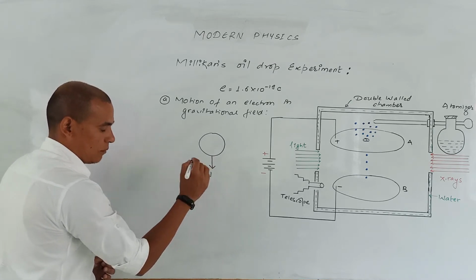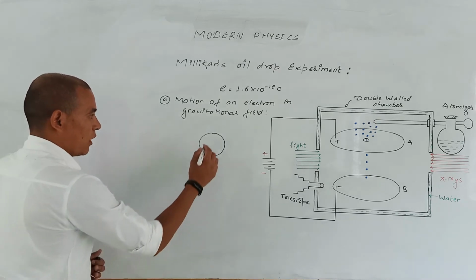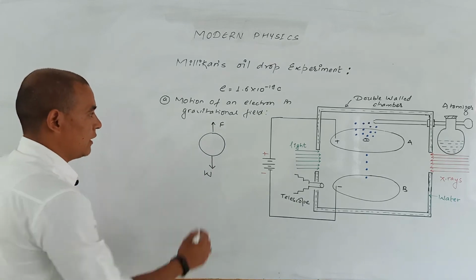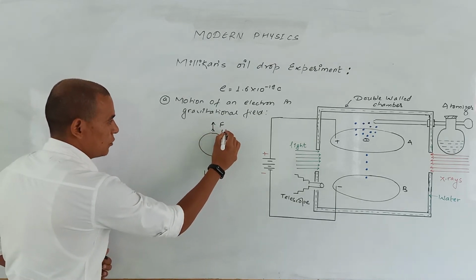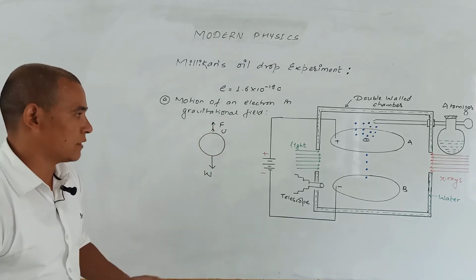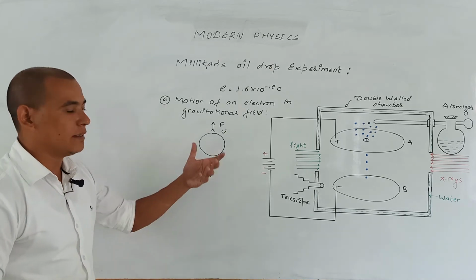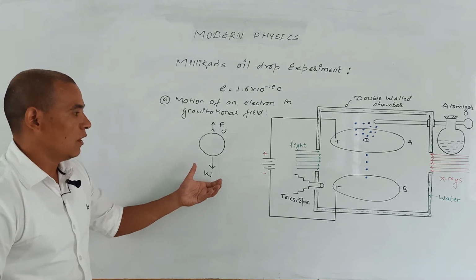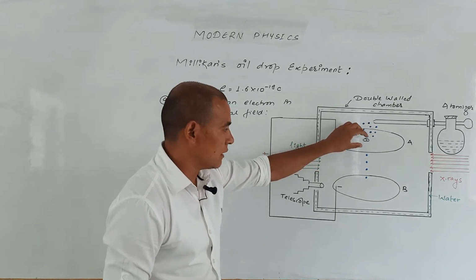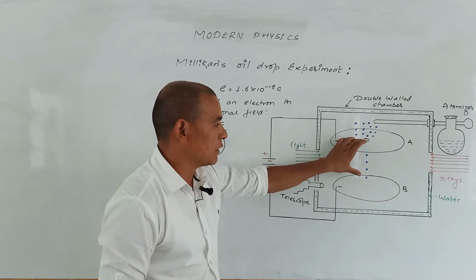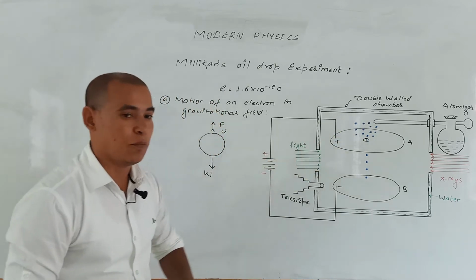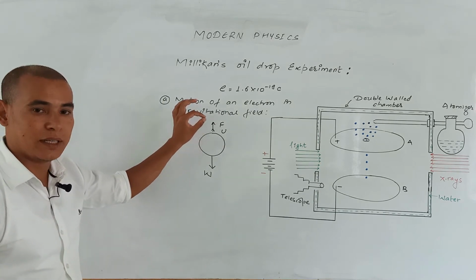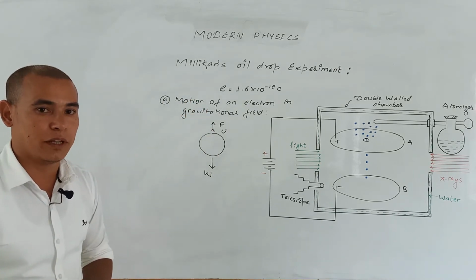Weight W acts downward, viscous force F acts upward, and upthrust U also acts upward, as we discussed in detail in Stokes law in class 11. When the oil drop moves between the two metal plates, the force acting upward equals the force acting downward. That means the oil drop starts to fall with a terminal velocity.